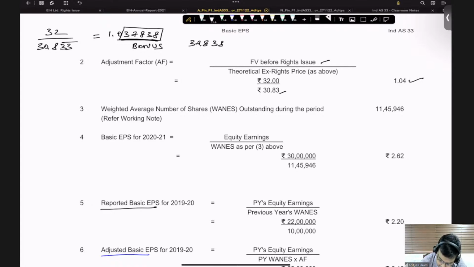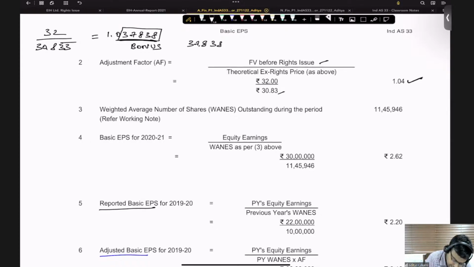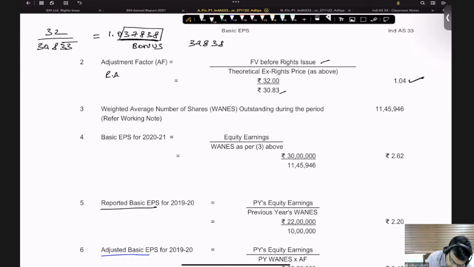So they have taken this rights adjustment factor. We call this RAF. RAF means rights adjustment factor. 1.04. Basically it is 1.037838.